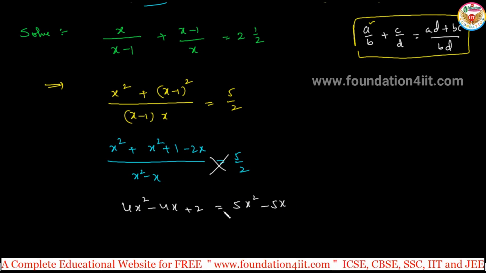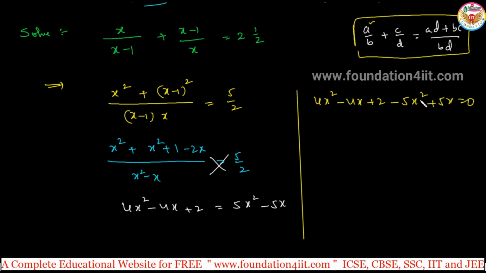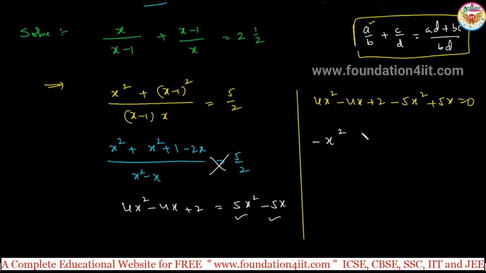Take the terms to LHS. That means from this, all the terms should be on the LHS side. So 4x square minus 4x plus 2 minus 5x square plus 5x is equal to 0. These two terms take to the left hand side. 4x square minus 5x square, so minus x square. Minus 4x plus 5x, so plus x, and plus 2 is equal to 0.